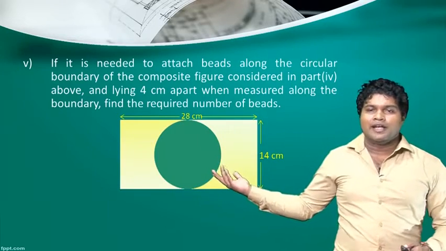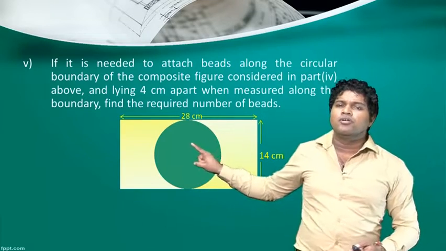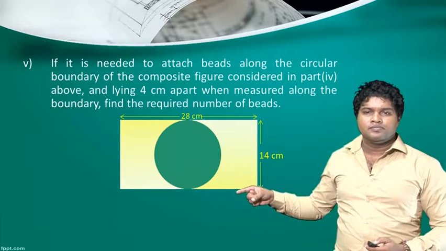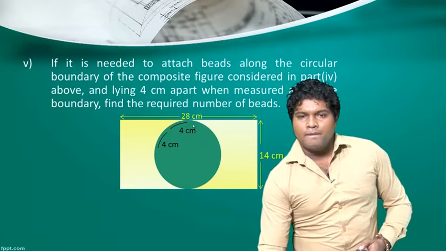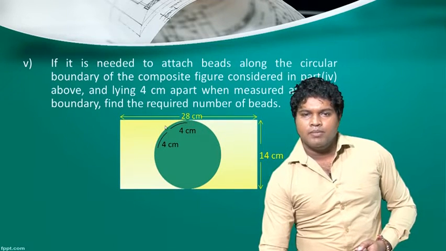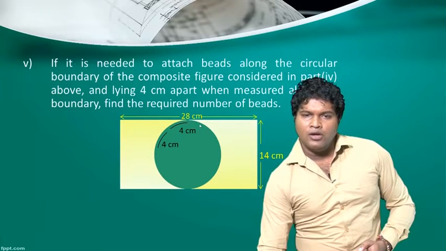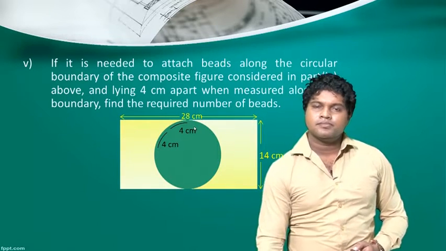Then you see the diagram. You know how to find the number of beads along the circle. The beads are 4 centimeters apart, and you place them one by one. If you know the whole length around the circle, then you can count the number of beads.